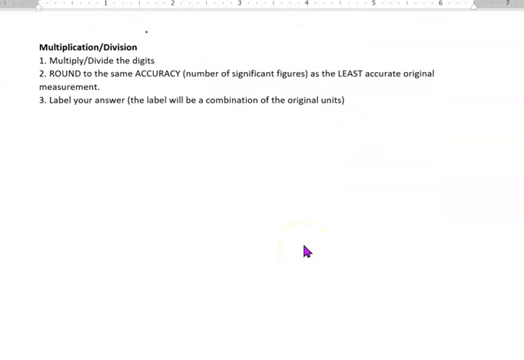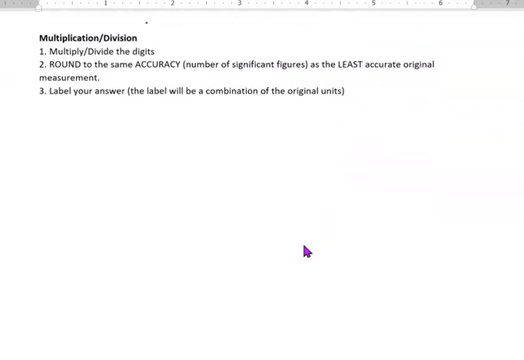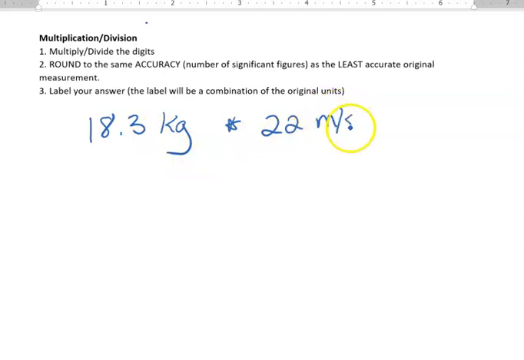Now, for multiplication and division, we have a different set of rules. Notice there is no requirement that the units have to be the same. Okay, you can multiply and divide essentially any units. So you're going to start just by actually doing the multiplication or the division. So let's say we had 18.3 kilograms times 22 meters per second squared.